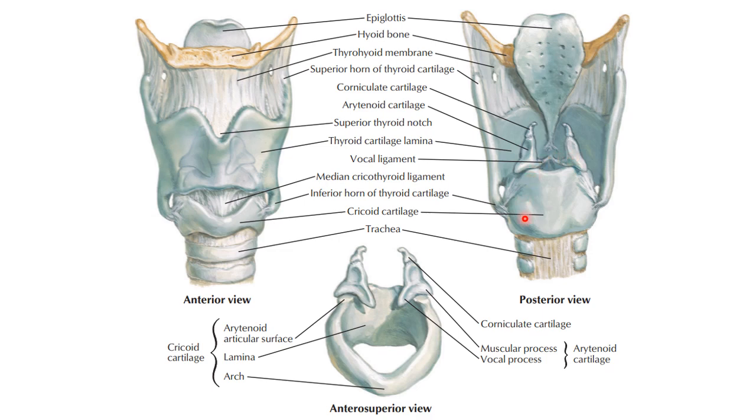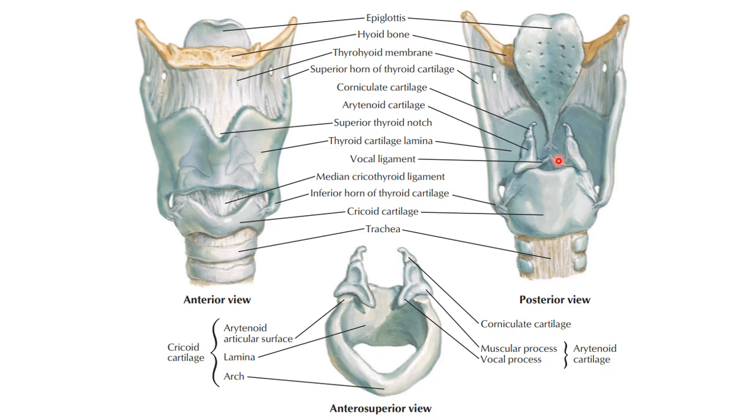And this would be the cricoid. You will appreciate that the cricoid is broader, thicker, and wider posteriorly than it is anteriorly. And what sits on top of the cricoid will be the rest of the laryngeal skeleton.